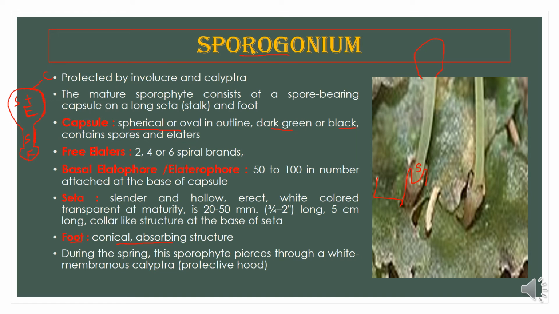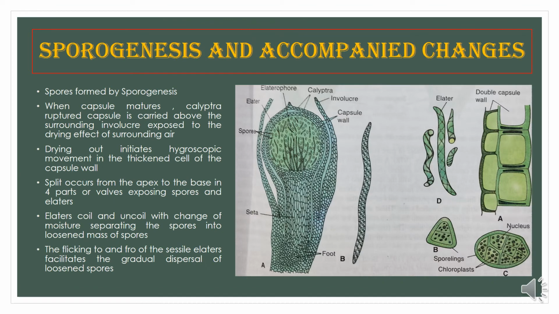This elongation of the seta helps in dehiscence of the capsule and dispersal of the spores, which I'm going to discuss next.